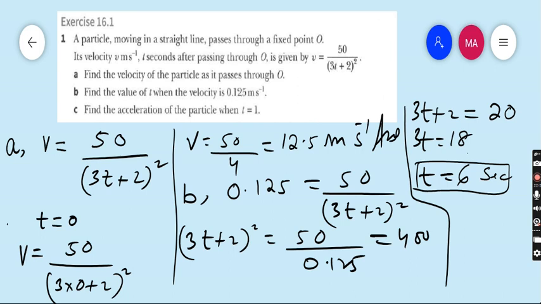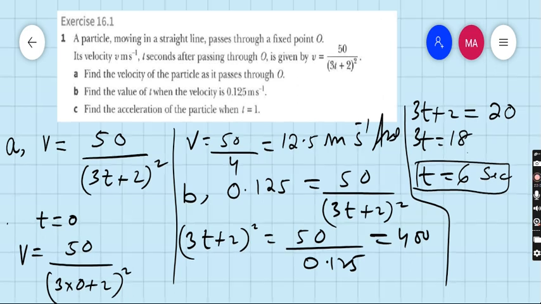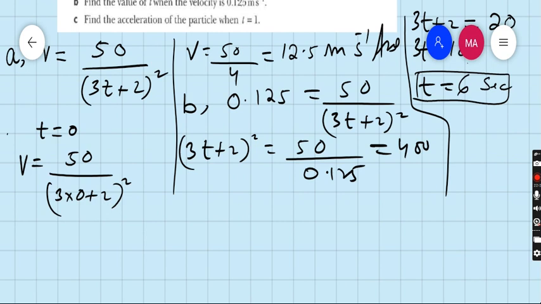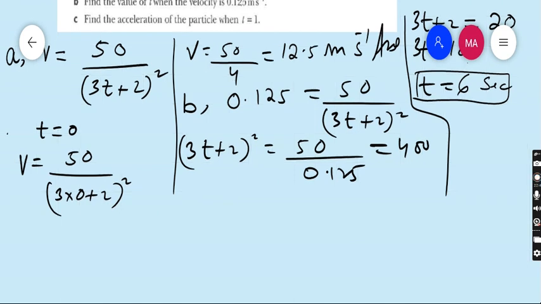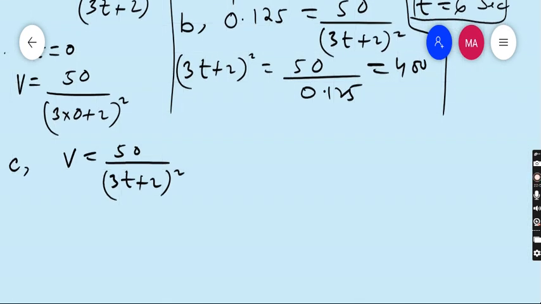Find the acceleration of the particle when t is equals to 1. So part C. v is equals to 50 upon (3t plus 2) whole square. What is the formula of acceleration? First we have to write this as 50 (3t plus 2) power minus 2.